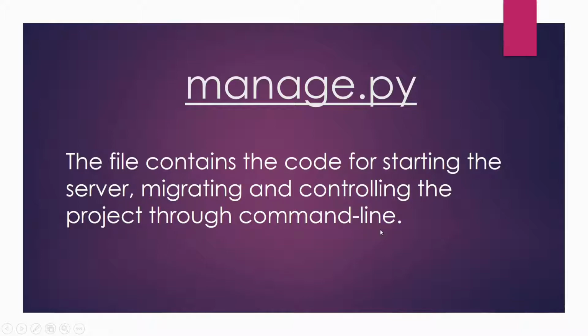Using the command line we are going to start the server, and it is used for migrating. You're not going to understand migrating right now, but basically it's going to migrate our models to the database. That's the only thing I can tell you right now, but once we start working on it, you're going to understand it. So that is manage.py.